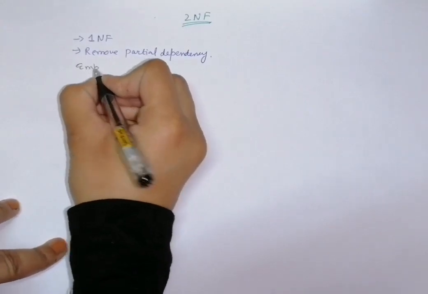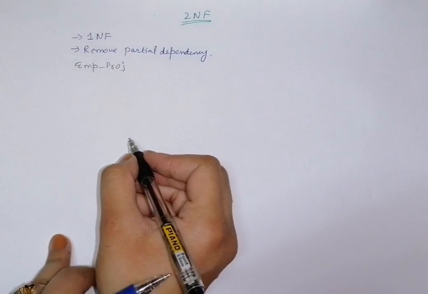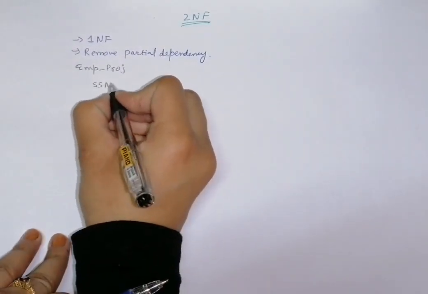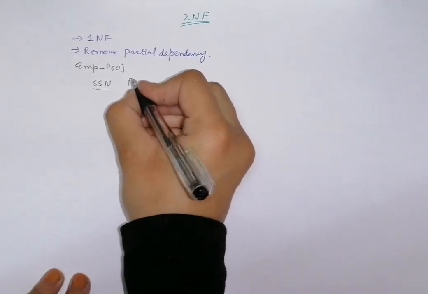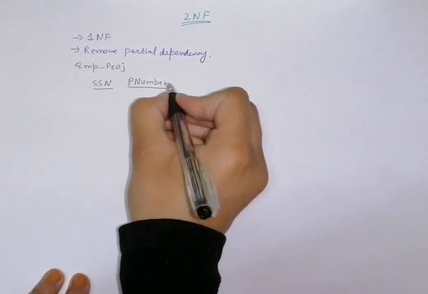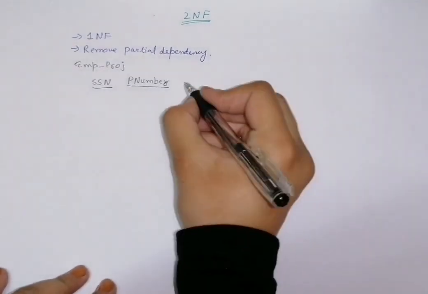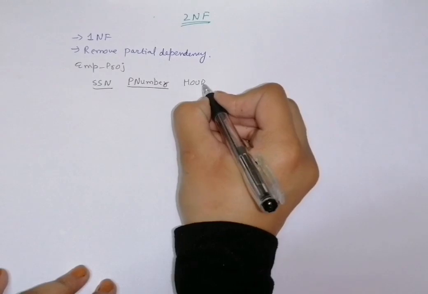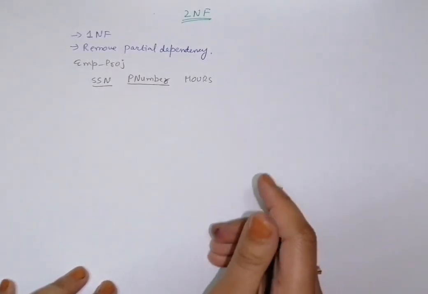Let's take an example of an employee project table having certain attributes like SSN, which is a unique identifier to determine any employee, and P number. This is the primary key that uniquely identifies the project number. Similarly, hours, that is how much time a particular employee has spent on a particular project.